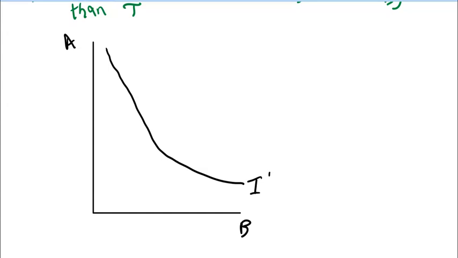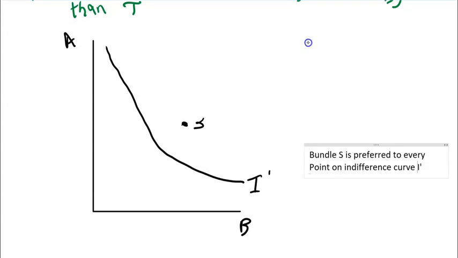Let's say we have an indifference curve, I prime. For the same person, if I take another point, let's say this is point S, point S is definitely preferred to every single point on the line I prime. So the bundle S is preferred to every point on the indifference curve I prime.